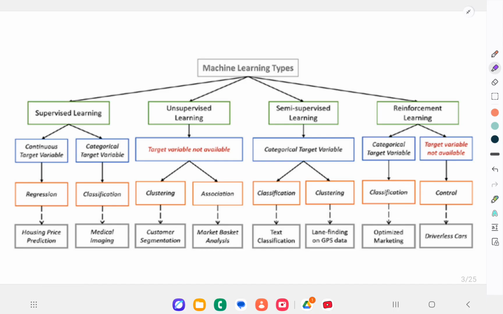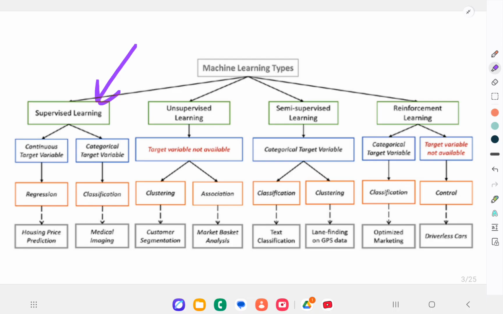We can think about answering this question as follows. There are many different ways a machine can learn. There is supervised learning, and here we have a data set with input features and labeled outcomes.